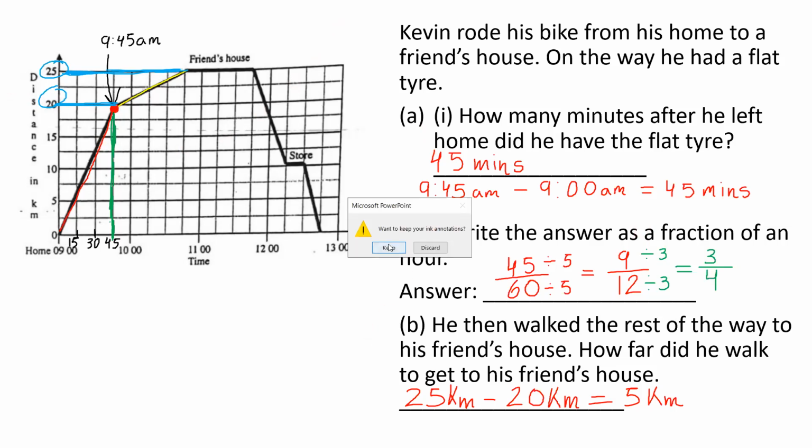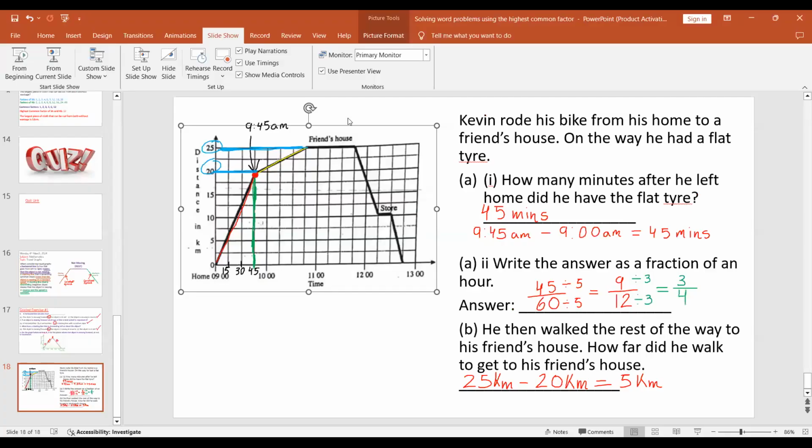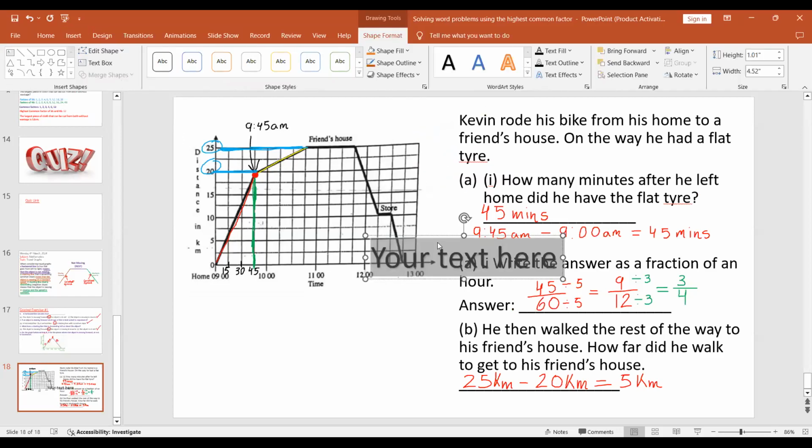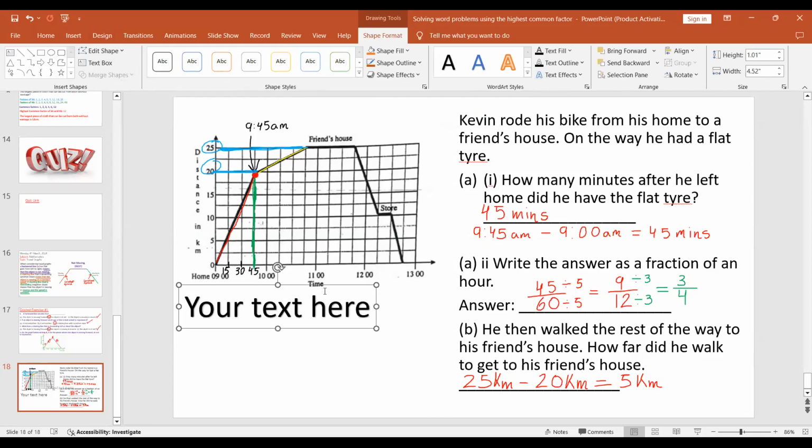It says, okay, so the next part of the question says that he then walked, well, no, at his friend's house. So write this part down. This is part C, by the way.